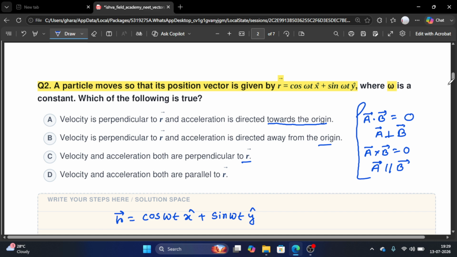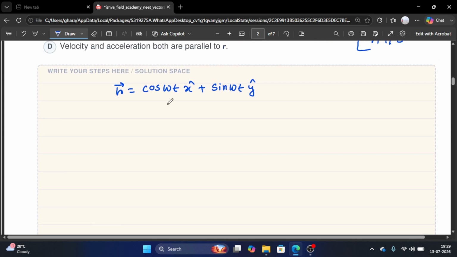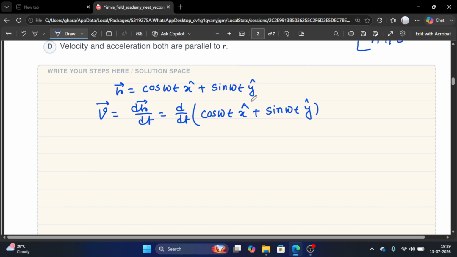First you calculate the velocity. Velocity v vector is dr by dt, so d by dt of cos omega t x cap plus sin omega t y cap. In the question omega is given as constant, so you can write it like that.